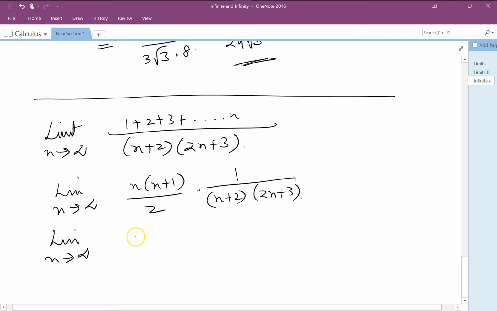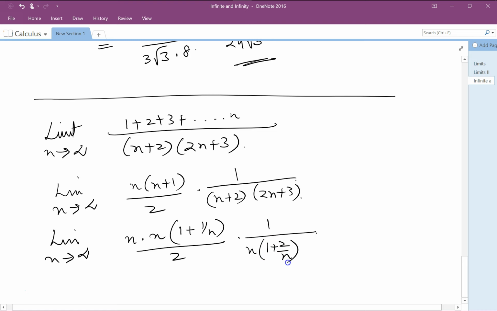Now here what do we do? n times, let's take out n, (1 plus 1 by n). I think now you are getting the hang of it. Just make sure that this n basically disappears from one of the terms. So here let's take out 1 n, so (1 plus 2 by n). Again let's take out n here, so we are left with (2 plus 3 by n).